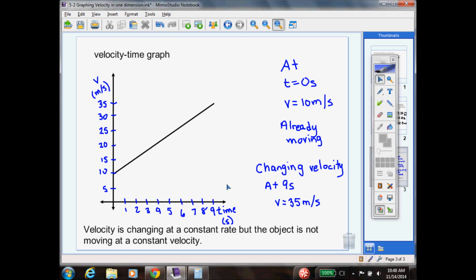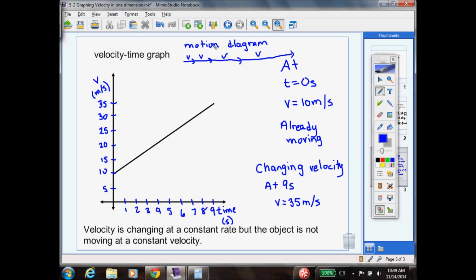If we were doing a motion diagram on this, the velocity vectors would be increasing. Just like we were doing before, you would have a velocity vector at 10, and then it would be getting faster and faster like this. So that would be our velocity vectors, getting faster.